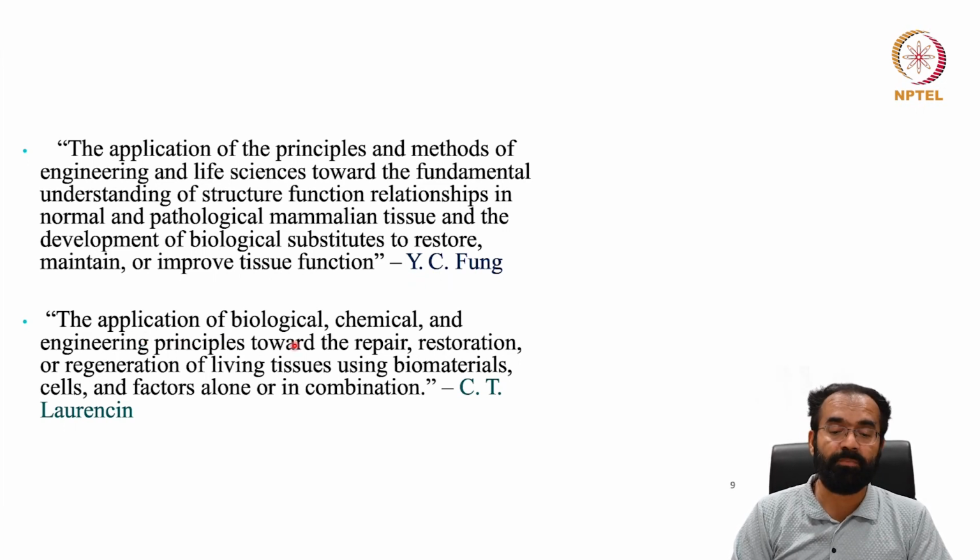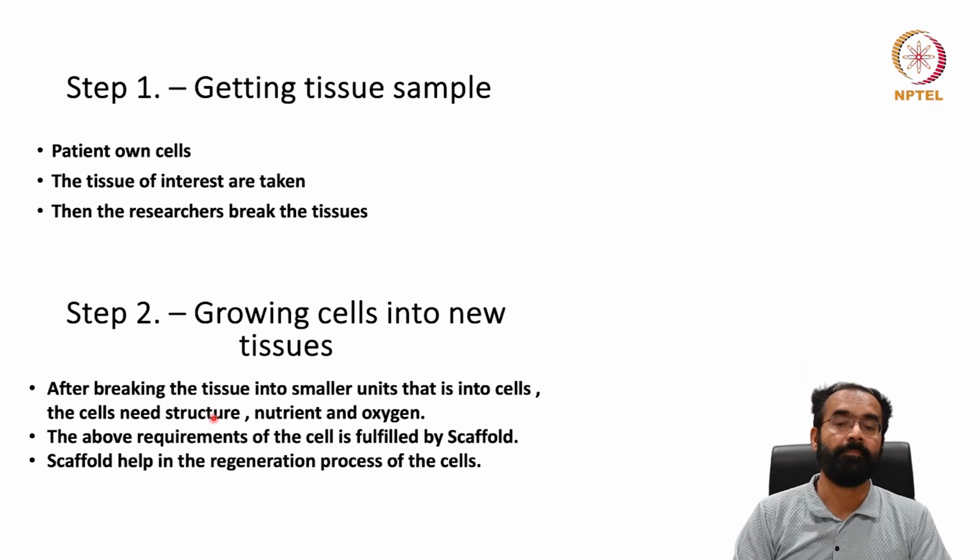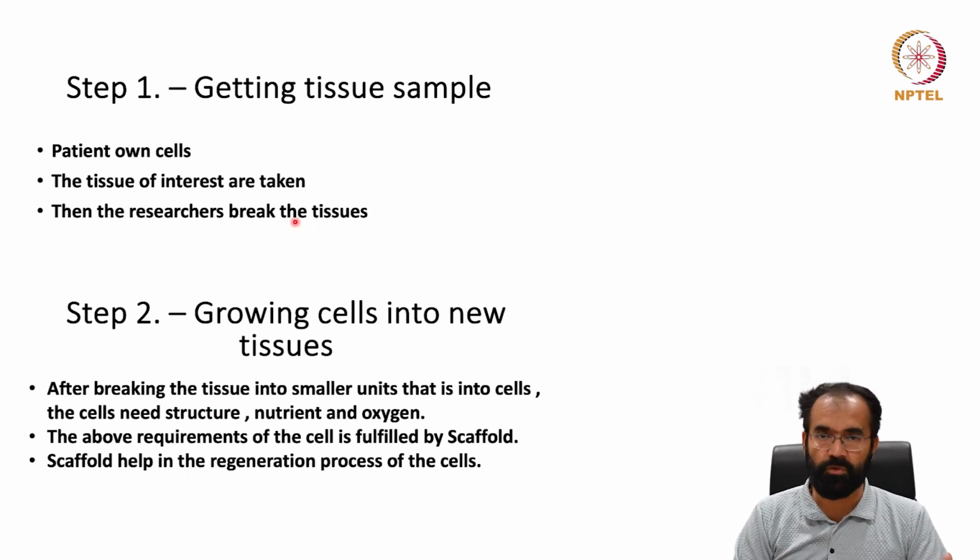And the application of biological, chemical, and engineering principles towards repair, restoration, and or regeneration of living tissues using biomaterials, cells, and factors alone or in combination came from C.T. Lawrenson. So different famous scientists have proposed their own definitions, but in a nutshell, you understand what it means. So let us look at the outline of steps one has to follow for doing this so-called tissue engineering.